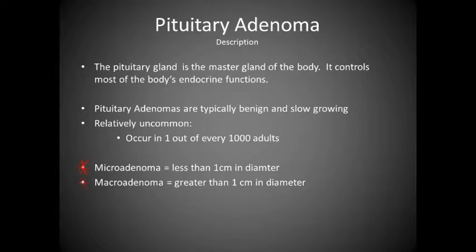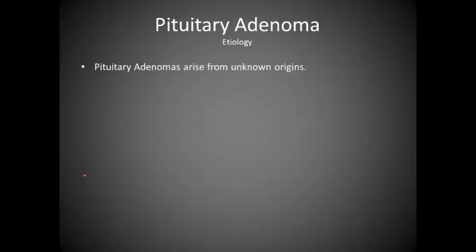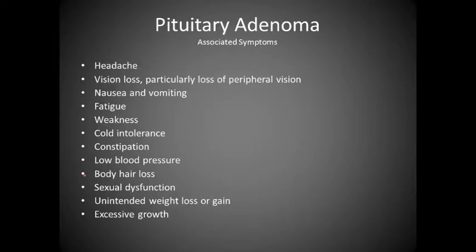So definitely know these, put a star beside of it. The difference between micro and macroadenomas. Pituitary adenomas arise from unknown origins, and we don't really know what causes pituitary adenomas.